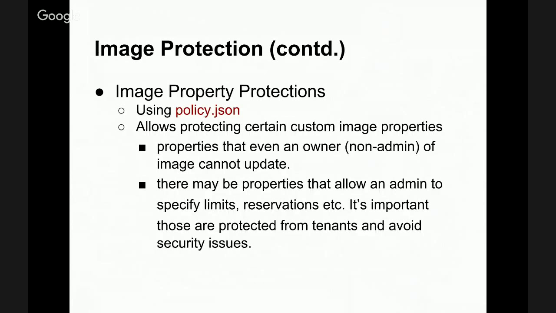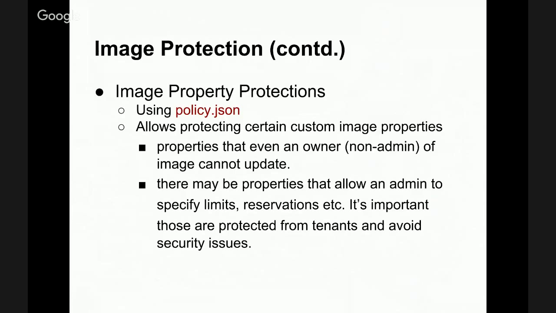There is also something known as property protections. I talked about some of the NFV use cases where you could associate resource reservation properties with an image. Like if I want a specific bandwidth on my network card, I could associate metadata for that with an image. But what happens if these properties of an image are misused?